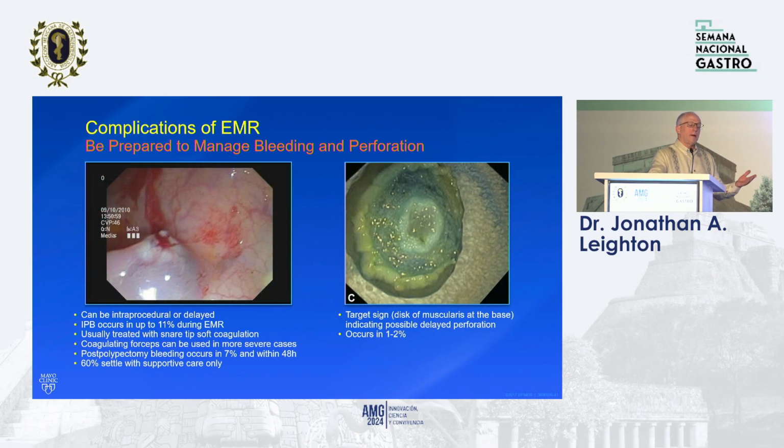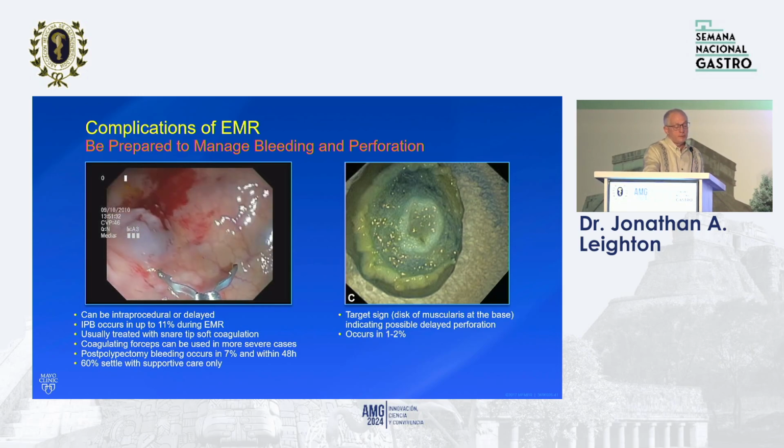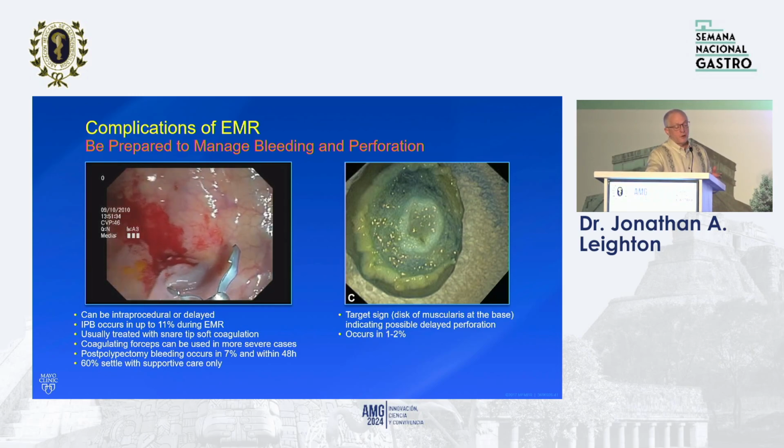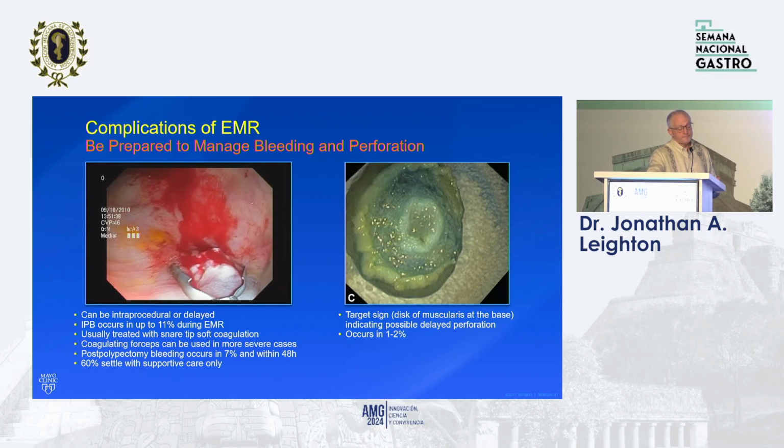And then, if you're going to do this, then you want to be aware of the complications. The biggest one is post-polypectomy bleeding, and it can be intraprocedural or delayed. It occurs up to 11% during EMR like this. It's usually treated with snare tip soft coagulation, but you can also use clipping.